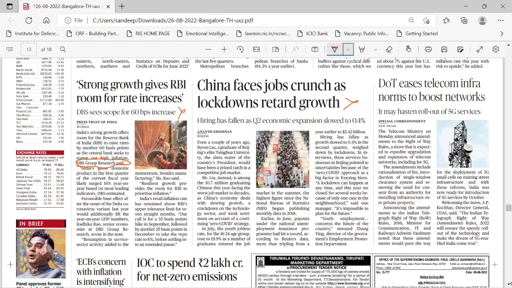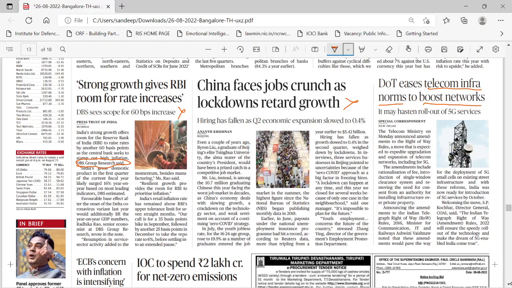DOT eases telecom infra norms to boost networks. Remember guys, in India today, we have 5G services coming out, but most of the infrastructure in India is not in a position to handle 5G, because the speed, the network and all, the existing system is not capable of handling it. So we need to increase it.